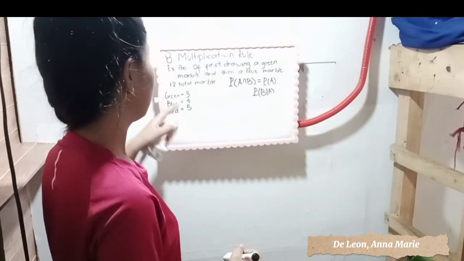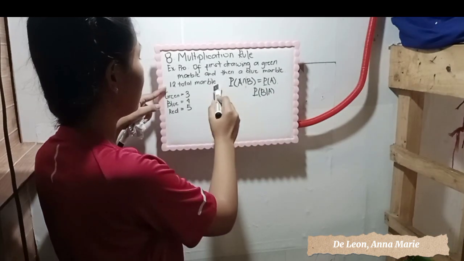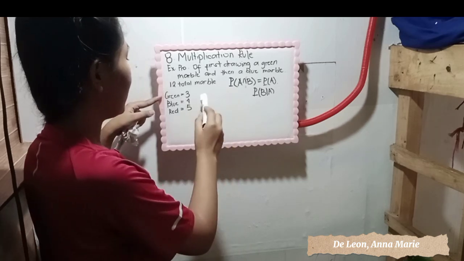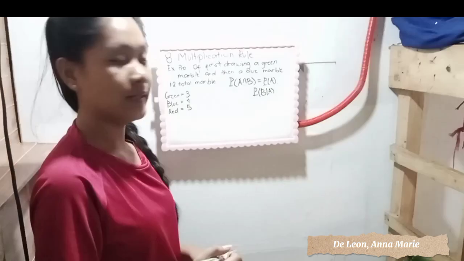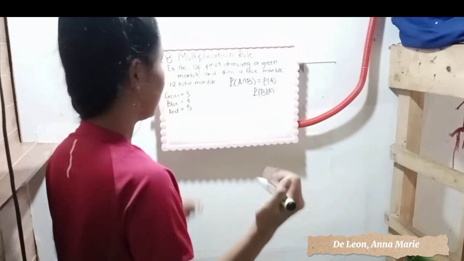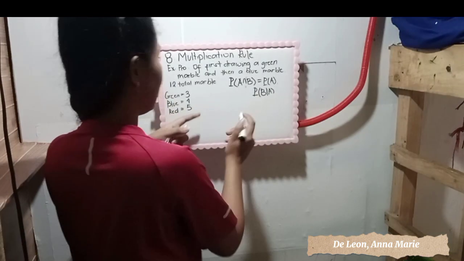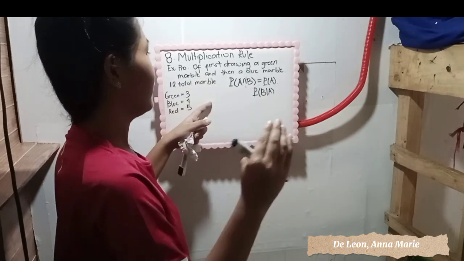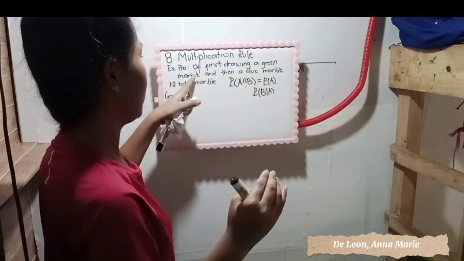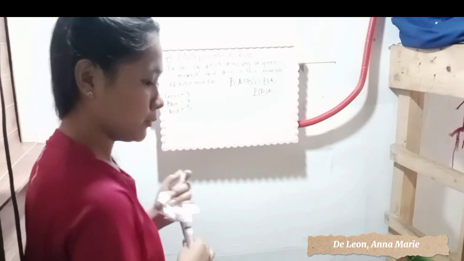So we have 12 total marbles, which is 3 green, 4 blue, and 5 red. So given the formula, we're going to find out the probability of drawing a green marble and then a blue marble.